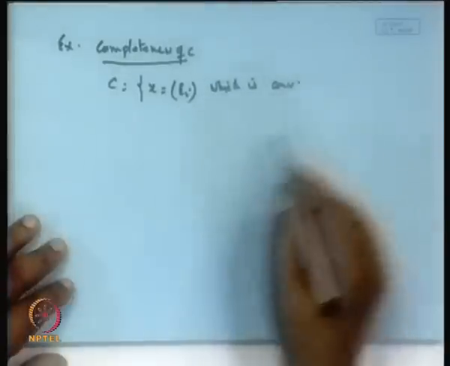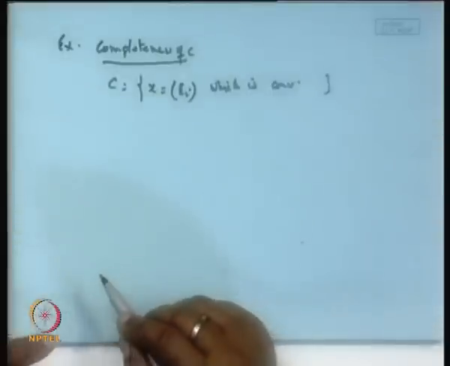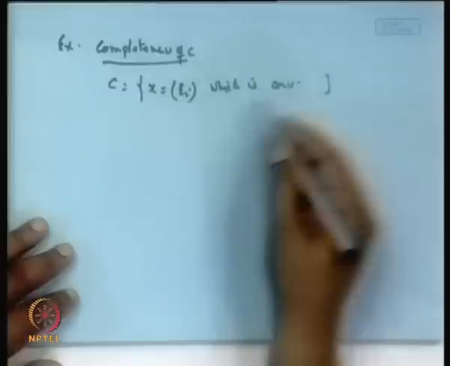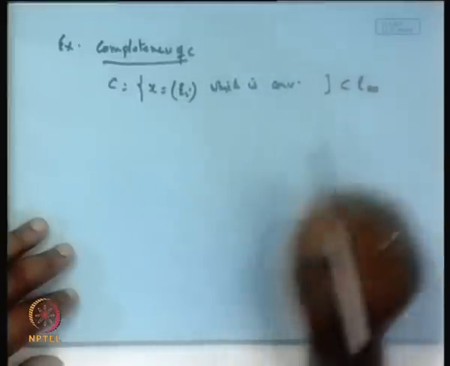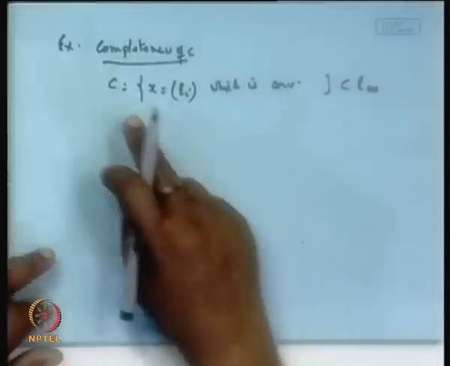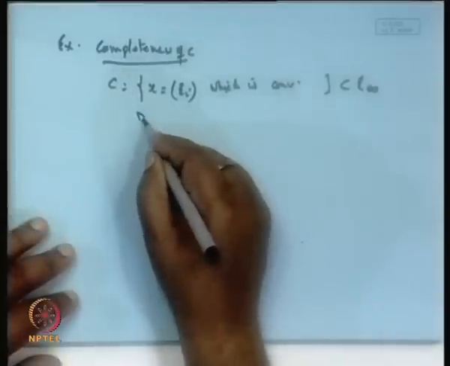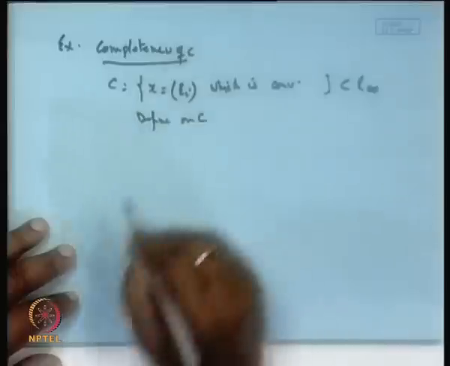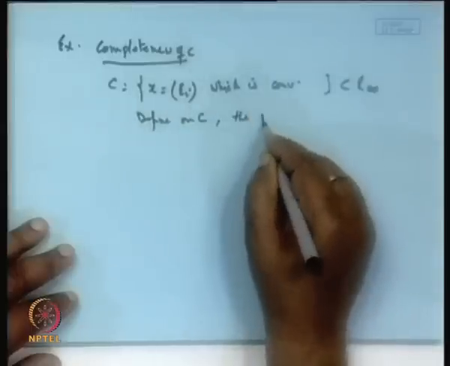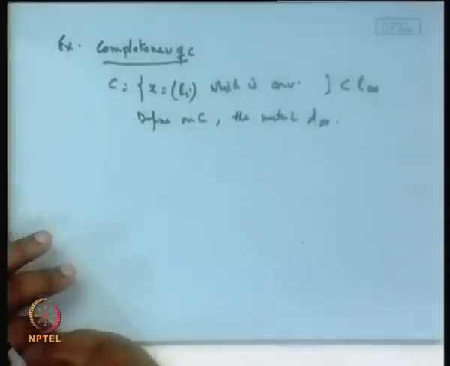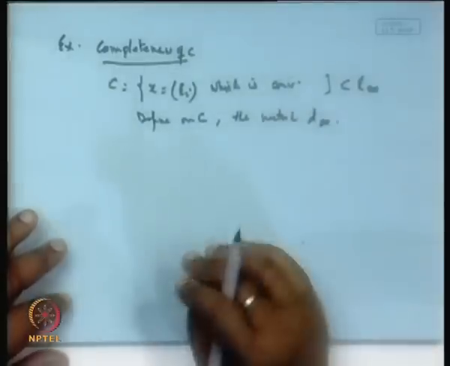So all convergent sequences are there. Every convergent sequence is a bounded sequence, so obviously it is a subset of L infinity, and the same metric we can introduce on c. So we can define on c the metric d infinity.